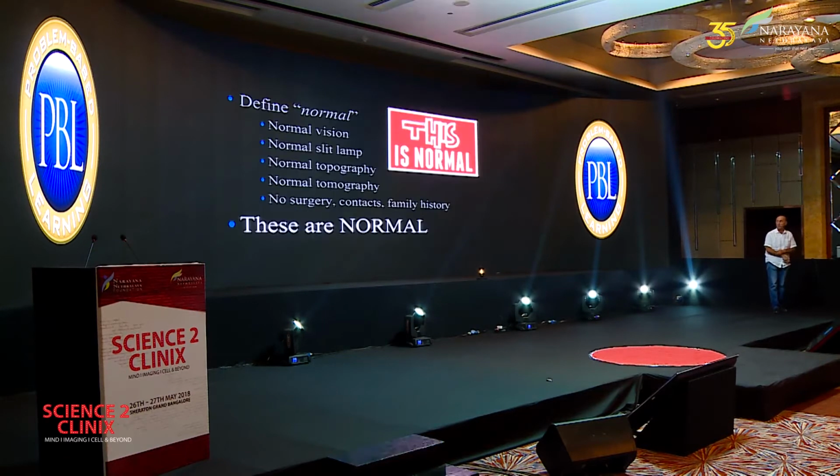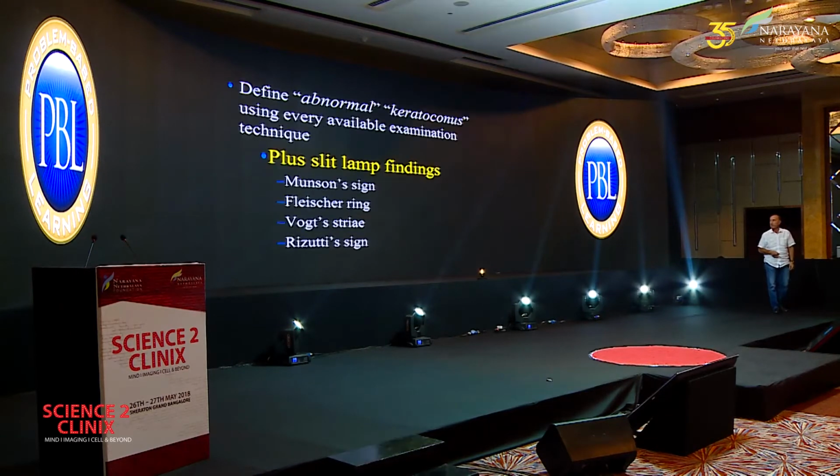And okay, I don't have a problem with saying those patients are normal. They define their study group, in other words, their keratoconic group, also by every available examination technique plus slit lamp findings: Munson sign, Fleischer, Vogt striae, or Rizzuti's sign. And this is an example.